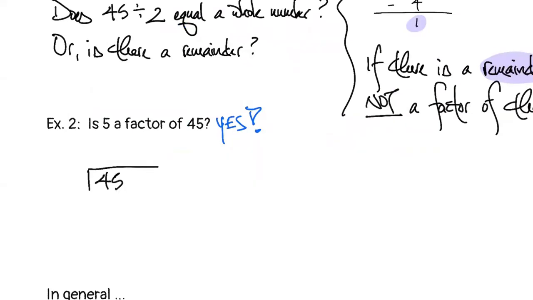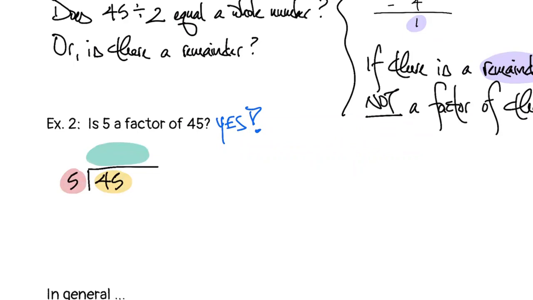We're going to put the 45, but now our divisor is not going to be a 2 on the outside, it's going to be a 5. All right, so we've got our dividend, we've got our divisor, and our goal is to figure out what the quotient is, but in particular, is there going to be a remainder at the bottom?